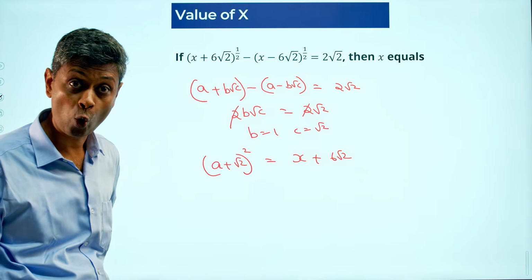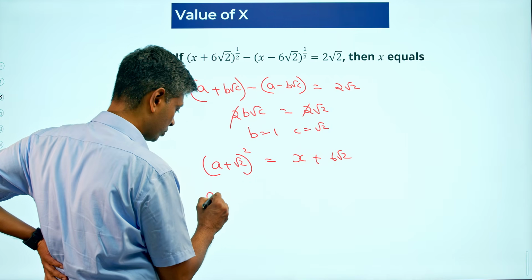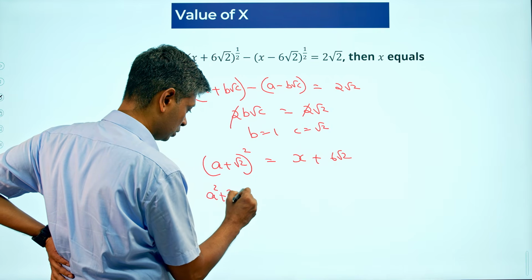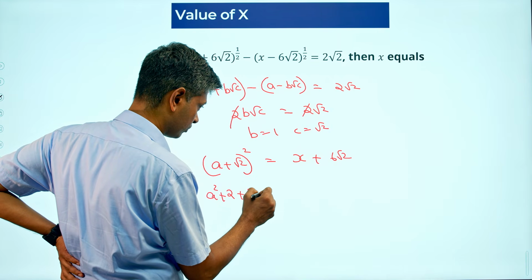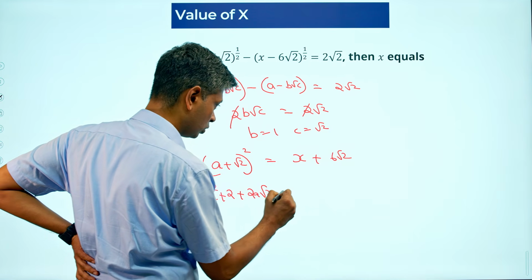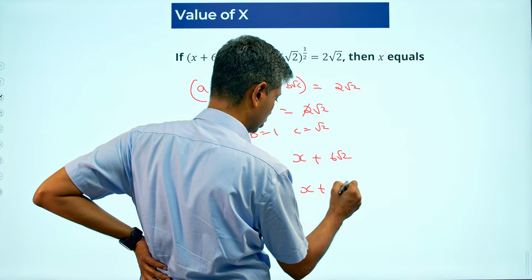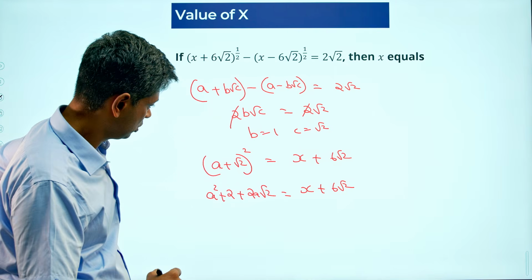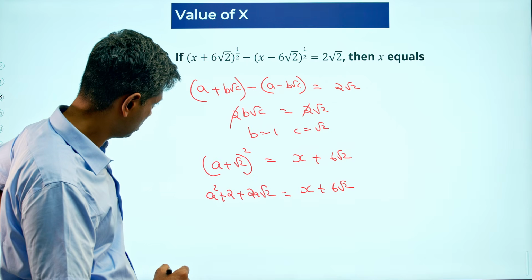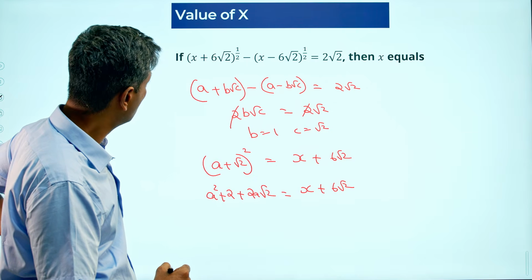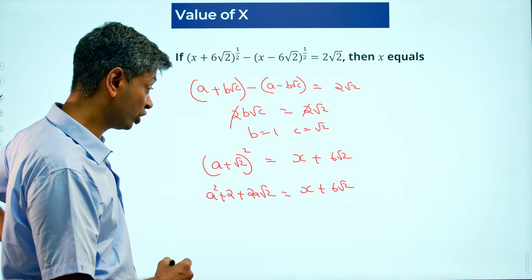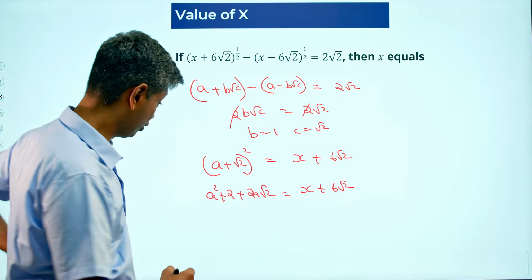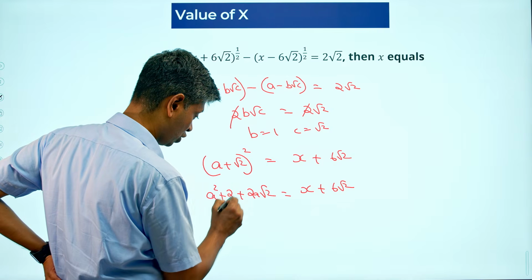A plus root 2 the whole square should be a square plus 2 plus 2a root 2. This is x plus 6 root 2. 2a root 2 is 6 root 2. 2a is 6, a is 3. This is 3 square plus 2.